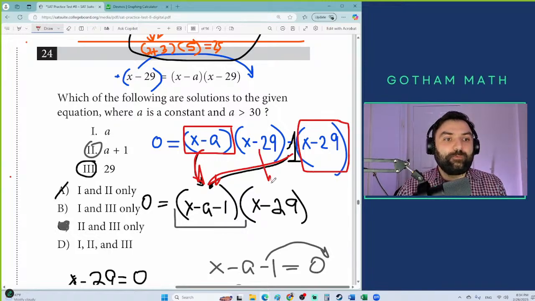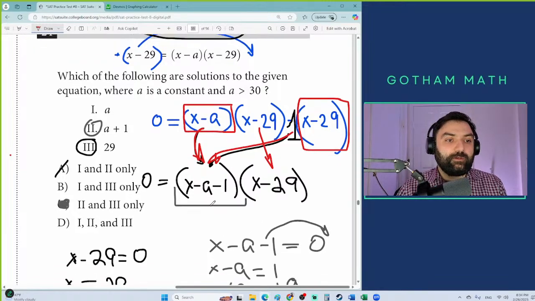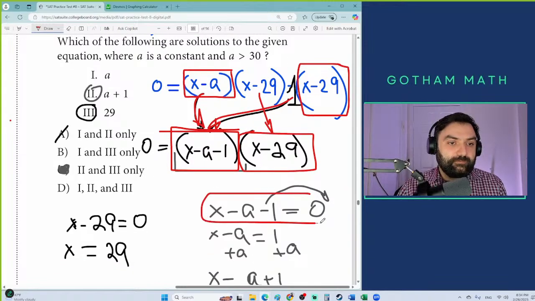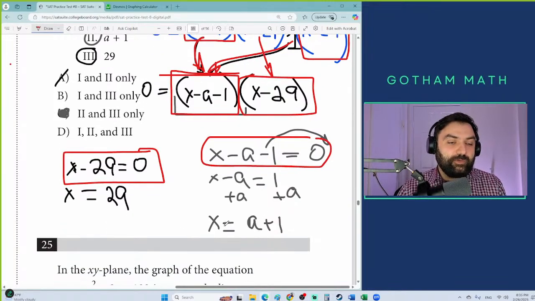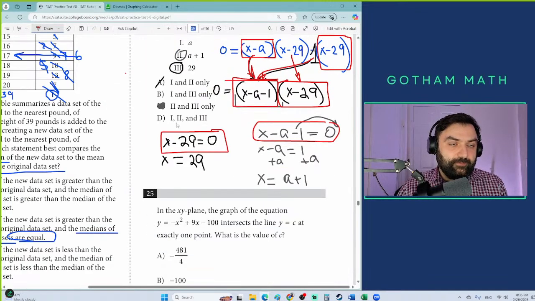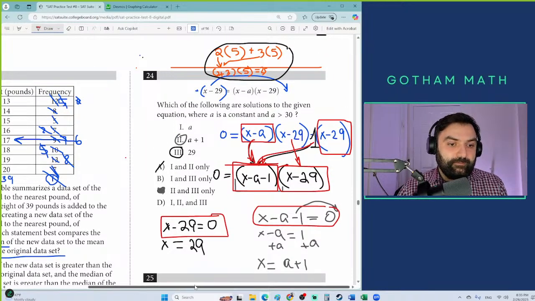And keep one of the x minus 29s. Then I just separately set these parentheses equal to 0. Like x minus a minus 1 equals 0 here, and x minus 29 equals 0. And in one of them I got 29, in another one I got a plus 1. That's what happened. Well, I would definitely say that it's a 3-star question for sure.